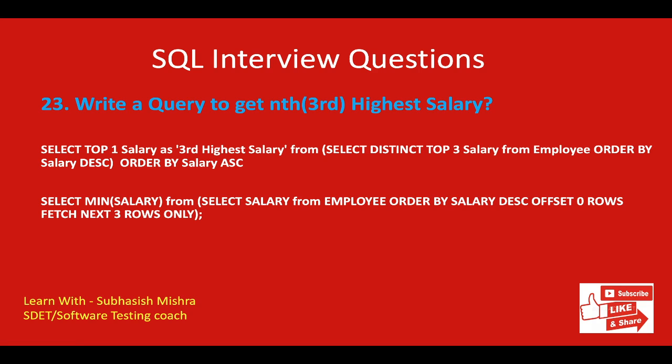Then out of these we select top one salary as third highest salary, and here we are doing order by salary ascending. Again we are changing the order. So 30 will be on top, then 35, then 40. When you say top one, it will give you the first one. So you will get 30,000, which is the third highest salary.